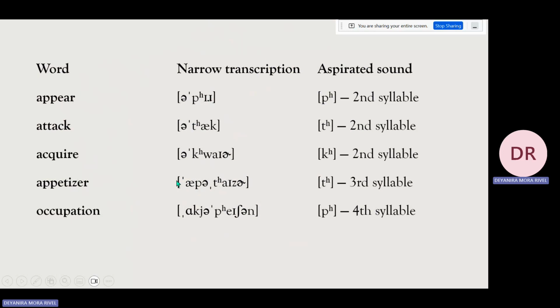So in appetizer, the stress is actually in the first syllable. Then we have another syllable, p, and then we have secondary stress in tizer. We're going to study that later, so don't worry about it. But in occupation, it's in pay.